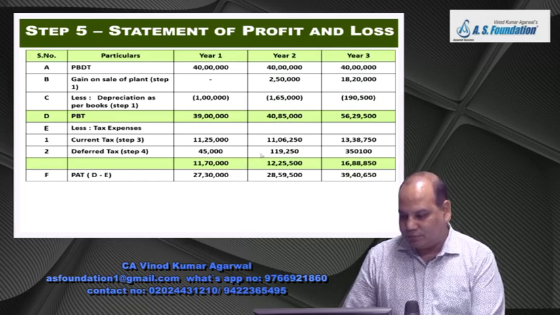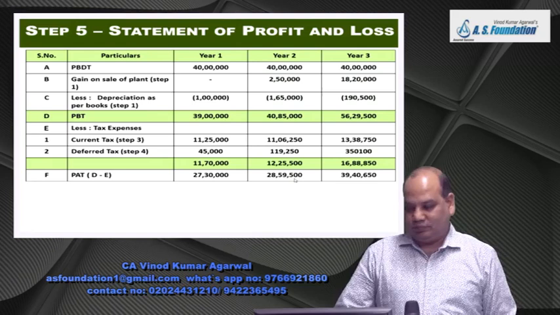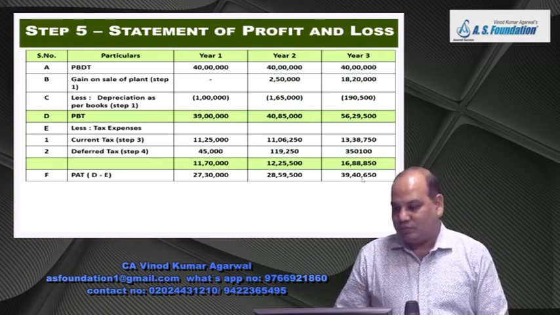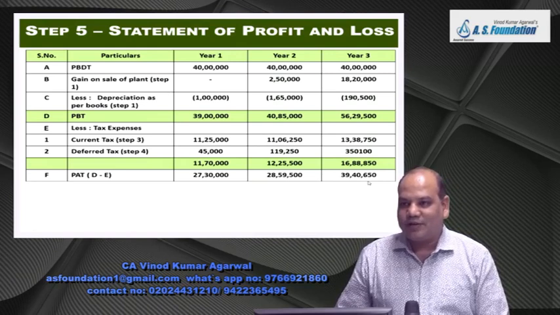Therefore PAT is D minus E. 27,30,000, 28,59,500. Yes or no? 39,46,50. Did you get it right as homework?